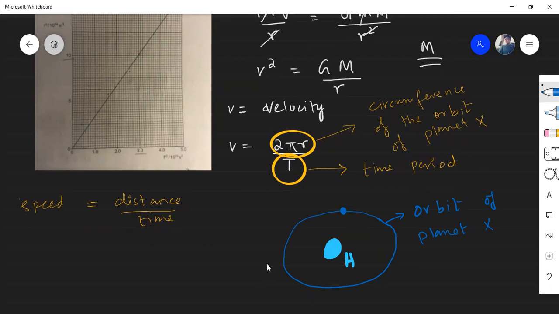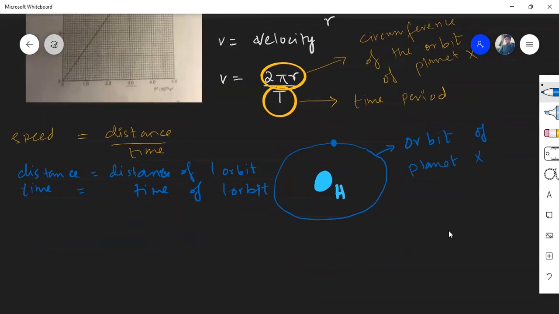So I wrote distance is equal to the distance of one orbit, and I wrote time to be equal to the time of one orbit.